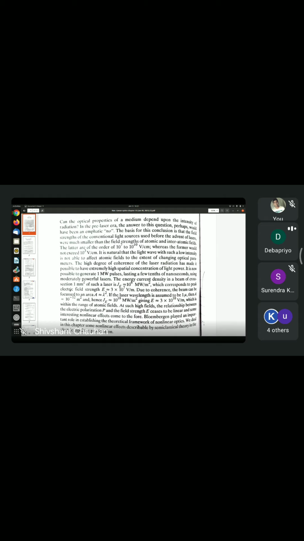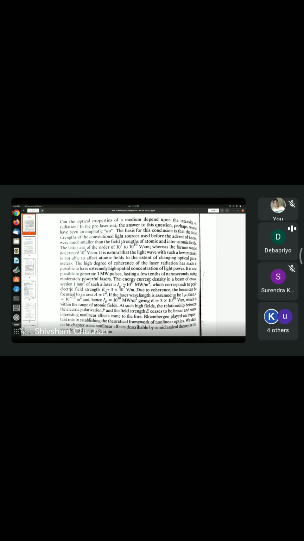And then you will find that the higher powers of electric field will come in when you calculate the polarization vector. So that is how an intense beam of radiation, such as the beams associated with lasers, can modify the response characteristics of the medium from a linear one to a non-linear one.